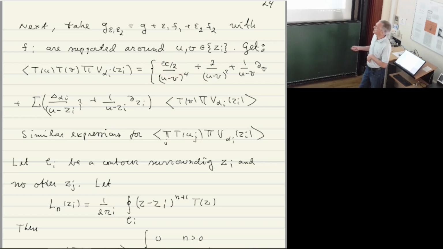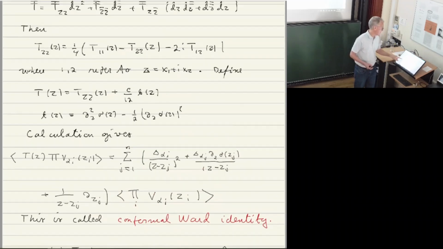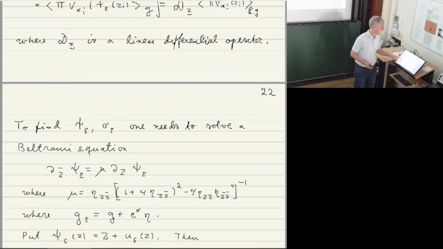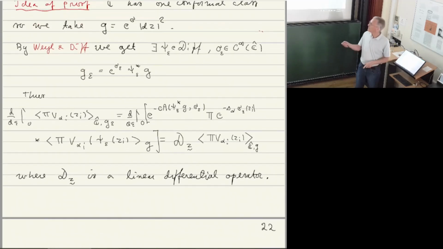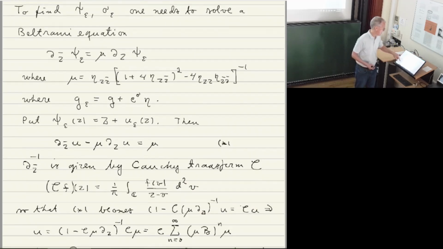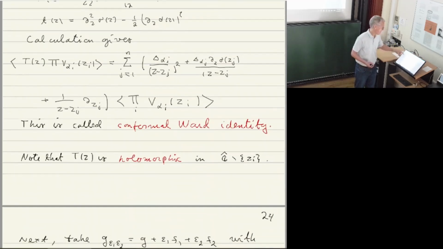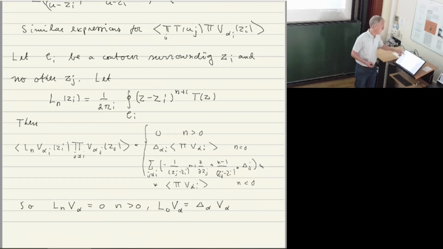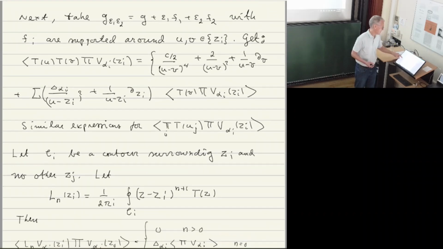And there's a number c, which comes, of course, because we started with this anomaly. So there's something which depends on c there. Now if you take more insertions, you can keep on doing that. If you're interested, look at the paper with Joona.